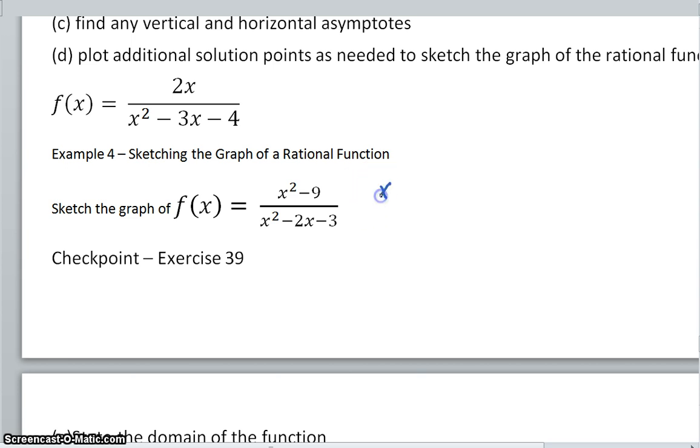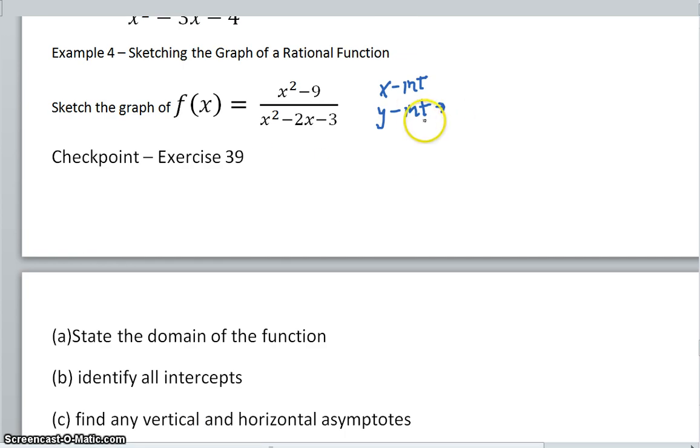So the x-intercept and the y-intercept. The y-intercept is when x is equal to 0. So if I let every x be 0 in this, I'm going to be left with negative 9 over negative 3, so I'm left with 3. So there's my y-intercept. For my x-intercept, what you're going to start to see is it happens when the numerator is equal to 0.